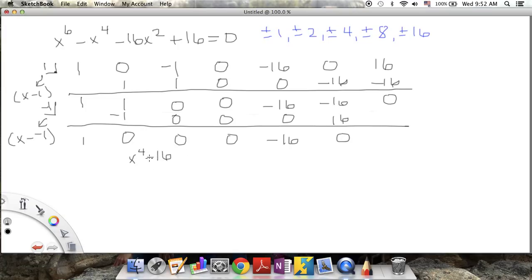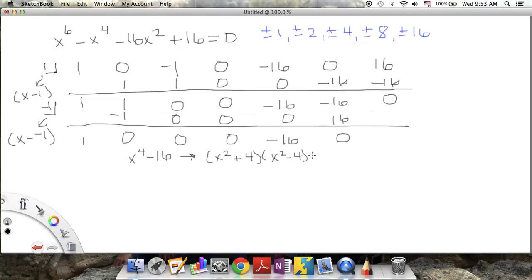Now this one, it's not a quadratic, but it is a difference of squares. And when you have a difference of squares, it factors very nicely. So you need to realize that it's a difference of squares and that we can take the square root of each one and we get a plus and a minus and we end up factoring it to this.